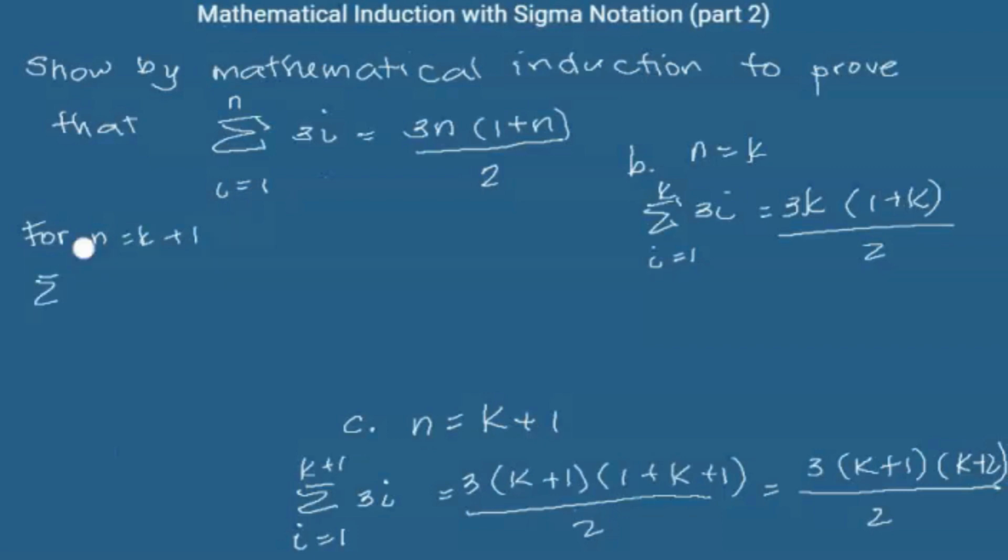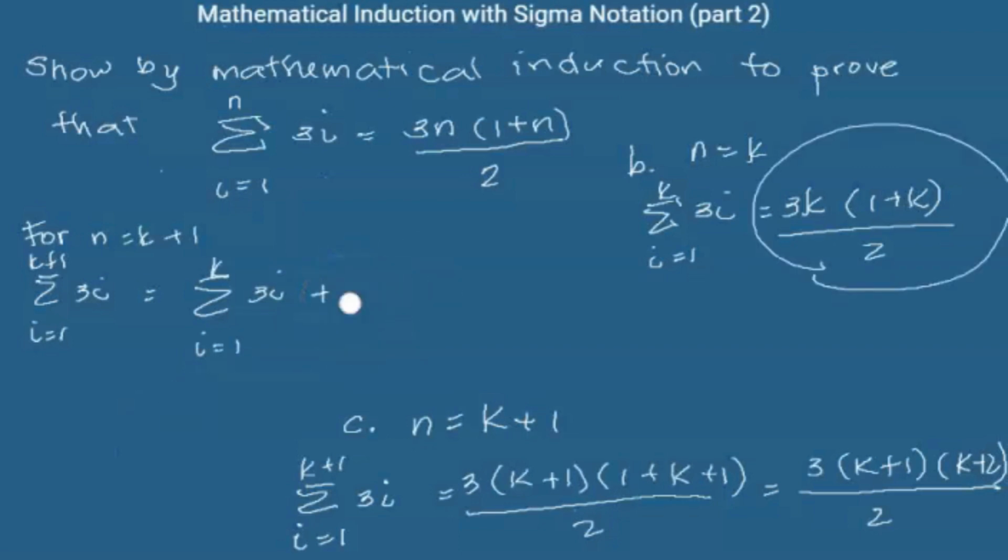So now if we're going to add our inductive term for n equals k plus 1, that would be the summation of 3i from i is equal to 1 to k plus 1. So that means that it's the summation of 3i from i equals 1 to k plus the next term, 3 times (k plus 1).